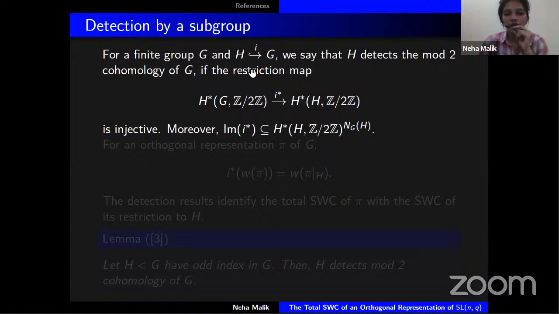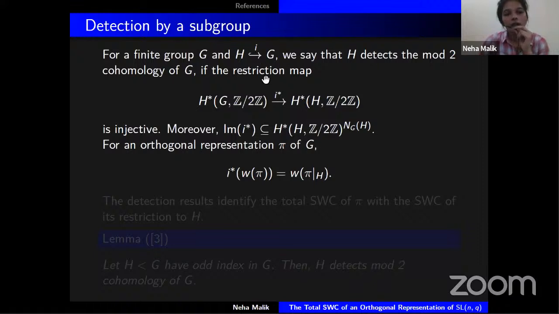If this restriction map is injective, then we say that the subgroup H detects the mod 2 cohomology of G. Moreover, the image of this i star is a subgroup of the fixed points under the action of the normalizer on H star.